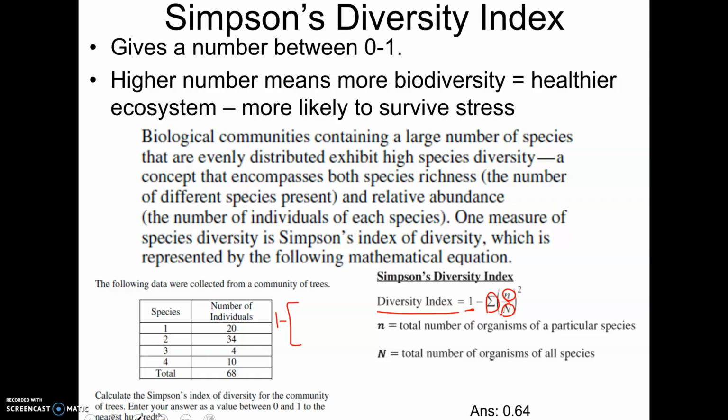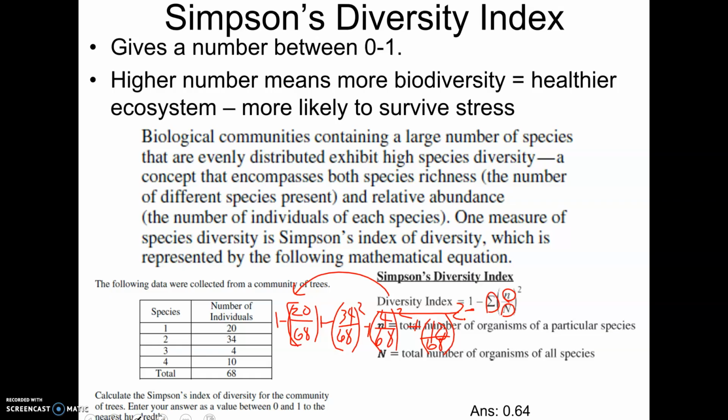So let me show you. This looks kind of confusing, but it's actually pretty easy when you work it out. It just takes a little bit of time. I have seen this on the AP exam. I think this actual question was on an AP exam. So here's what you would do. So it would be 1 minus, and then it would be 20 over 68 squared plus 34 over 68 squared plus 4 over 68 squared plus 10 over 68 squared.